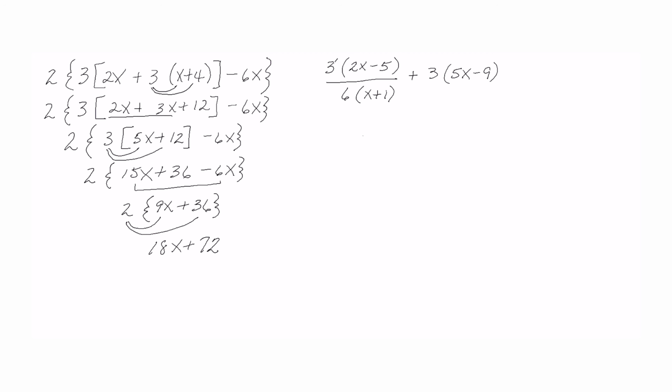With our fraction, we could say 3 goes into 3 once and goes into 6 2 times. So that's going to leave us 2x plus 5. I'm sorry, that's 2x minus 5, over 2 times x plus 1.